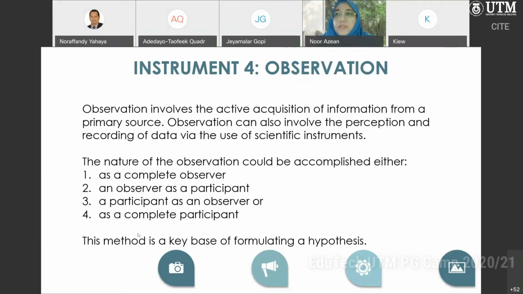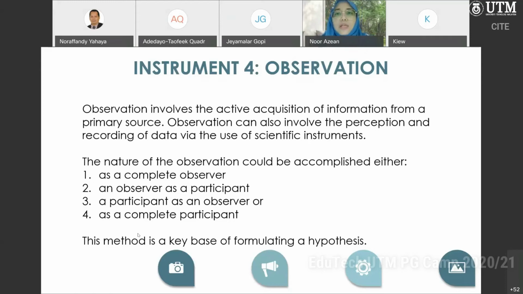So by prolonging this period, we can see how these people interact with the people and situations around them. So observation involves the active acquisition of information from primary sources. Observation can also involve the perception and recording of data via the use of scientific instruments that we use.